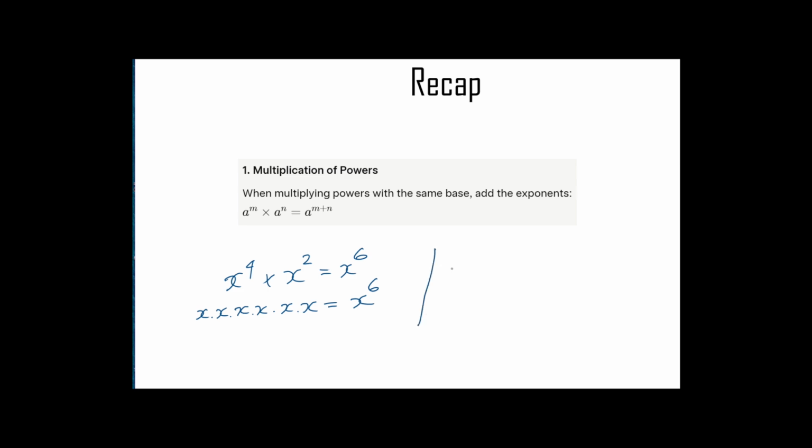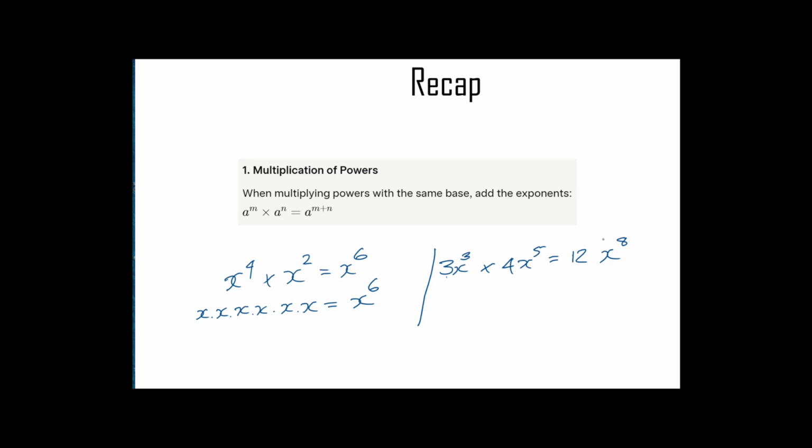It gets complicated a little bit when it has coefficients. So 3x cubed times 4x to the power of 5. We're going to multiply the coefficients, so 3 times 4 is 12, and then we're going to add the exponents. 3 plus 5 is 8.